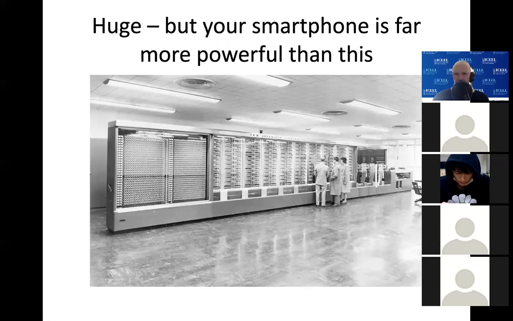So they're huge, but the smartphone you have now, maybe you're using your smartphone to listen to this class, which is pretty incredible. Your smartphone is much more powerful than this huge machine. And if you're thinking 1944, that's not that long ago.